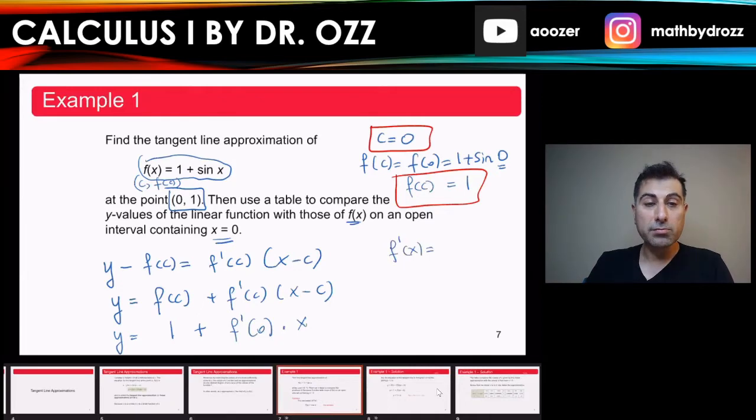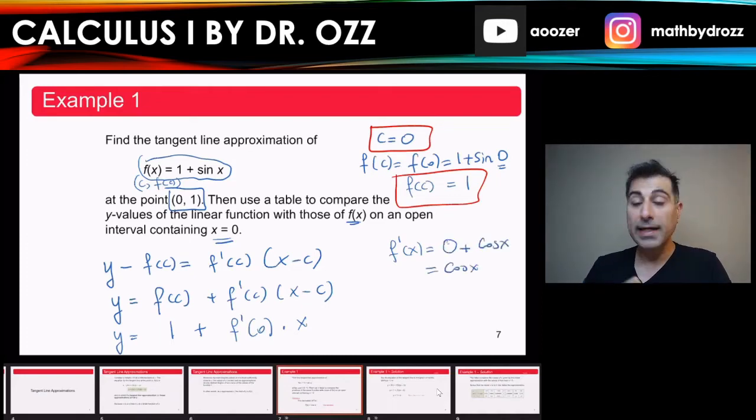Okay, so the derivative of the function is the derivative of 1 plus the derivative of sine x. And you can use the basic differentiation formula card to deduce that you have 0 plus cosine x, so that's cosine x. And we know that f prime at 0 is equal to 1, right?